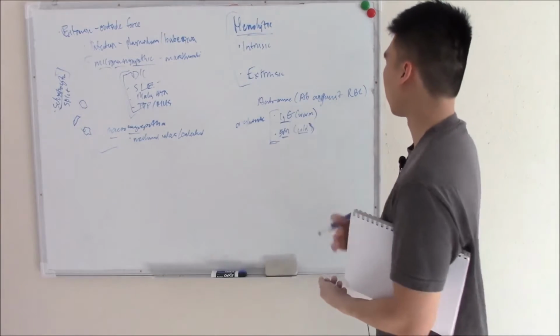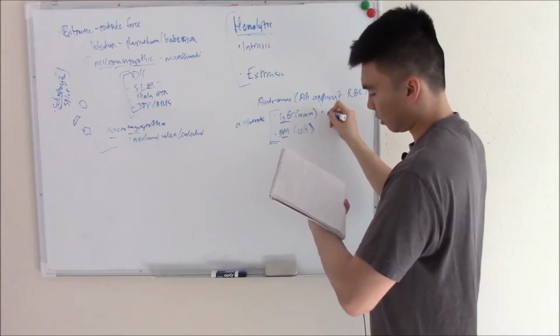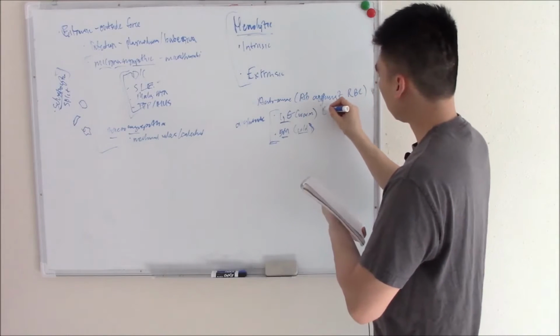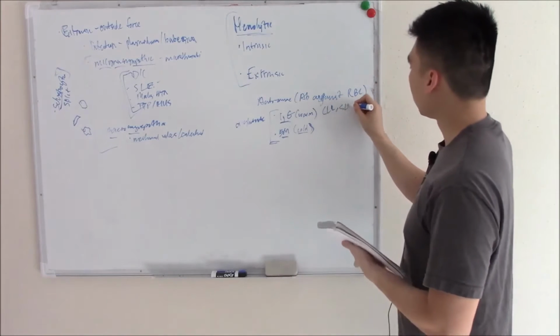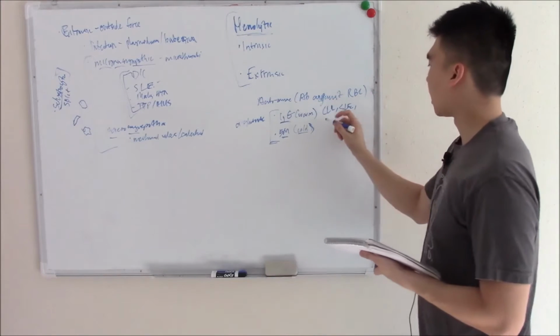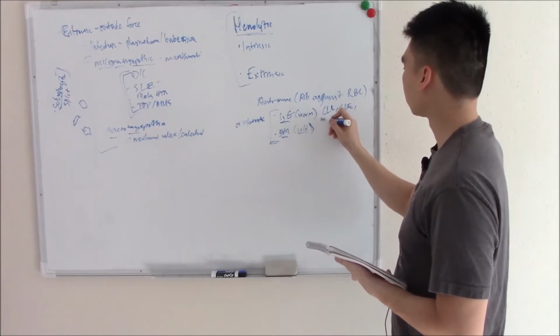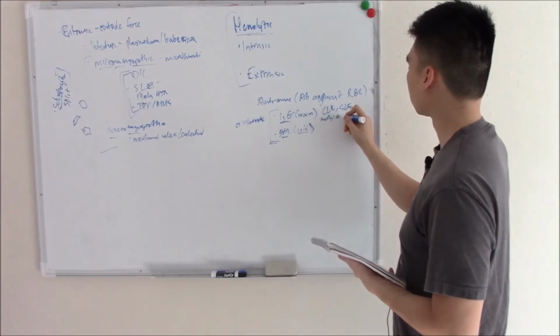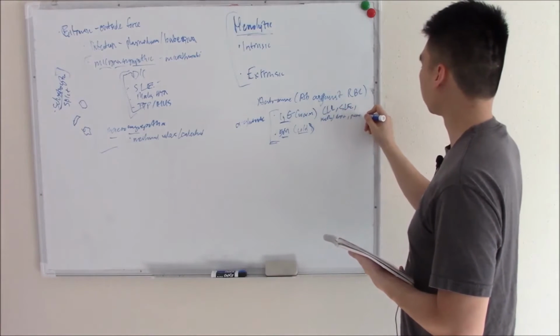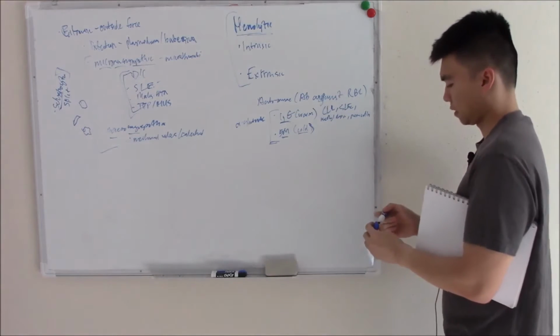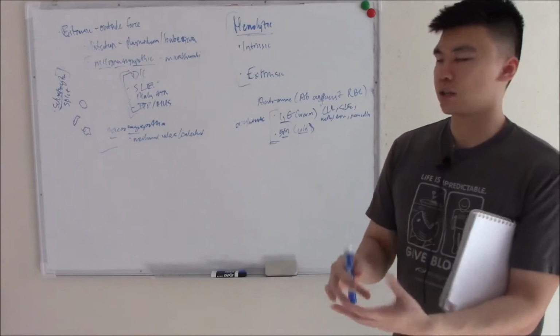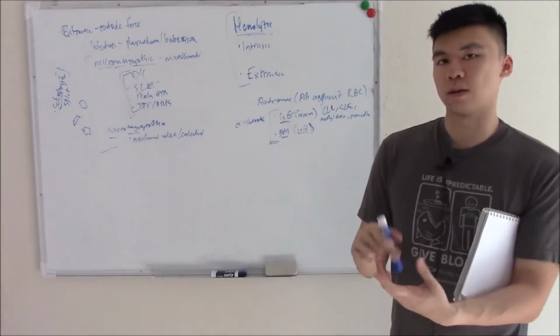IgG is associated with things like CLL, that's chronic lymphocytic leukemia, SLE, drugs like methyldopa, penicillin. And then recall, anytime we have associations, we take a second to think of everything we know about that association.